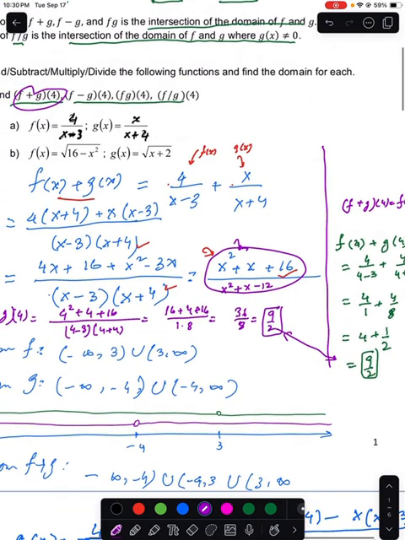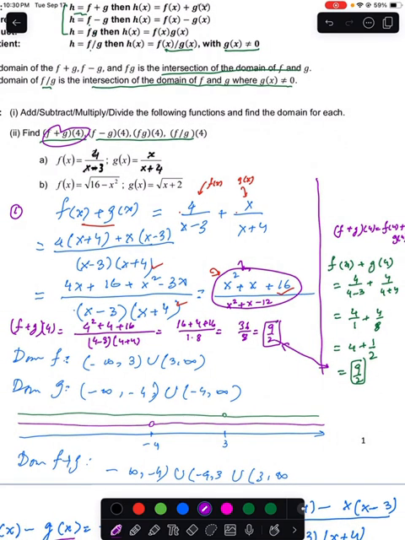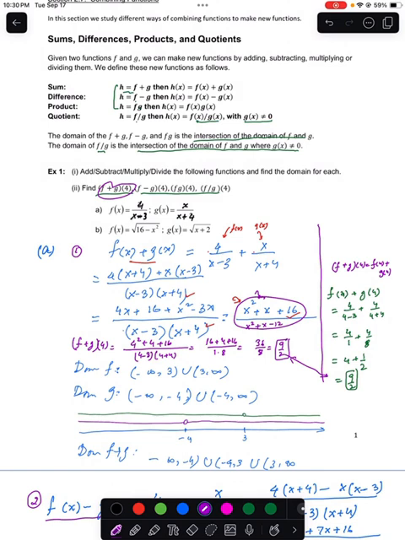What is the domain? As said above, it is the intersection of the domains, meaning the domain which is common to both f and g. So here I have the domain on this number line.